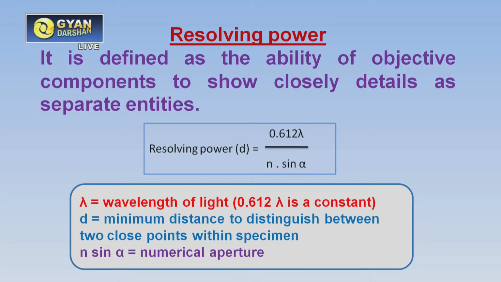In this formula, lambda is the wavelength of light and 0.612 is a constant. D is the minimum distance to distinguish between two close points within a specimen, and n sin alpha is the numerical aperture. So the shorter wavelength gives the higher resolving power.